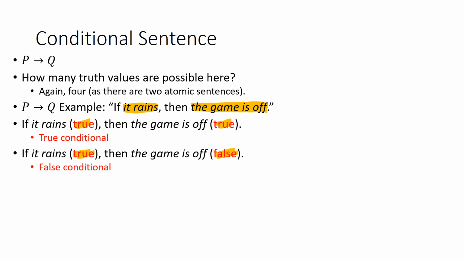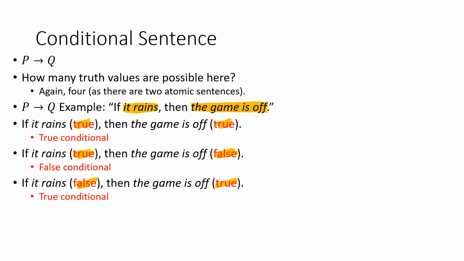But here things get a little bit confusing because the next 2 we call vacuously true. So it rains is false, the game is off is true. We will consider this a true conditional, or perhaps better put, we call this vacuously true. We might think of it this way.